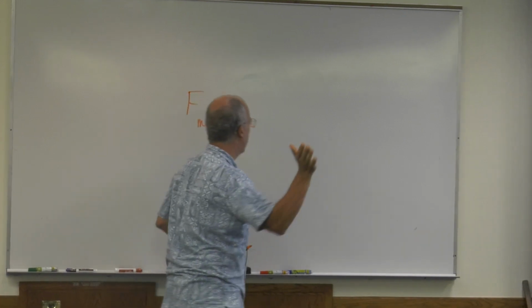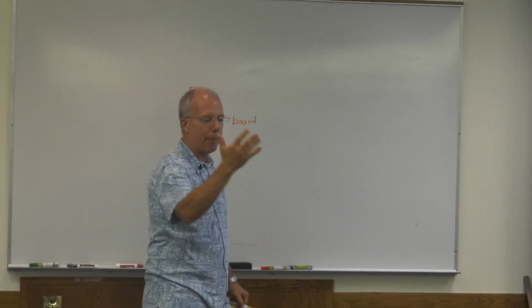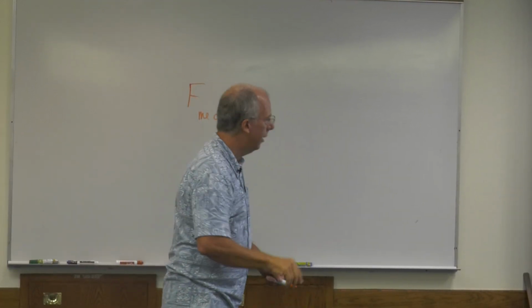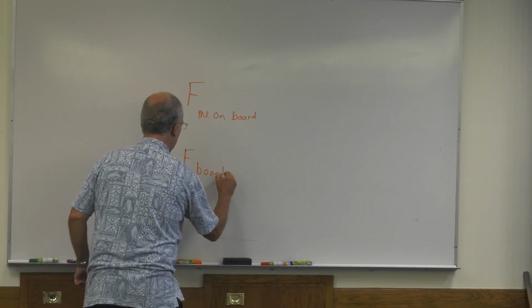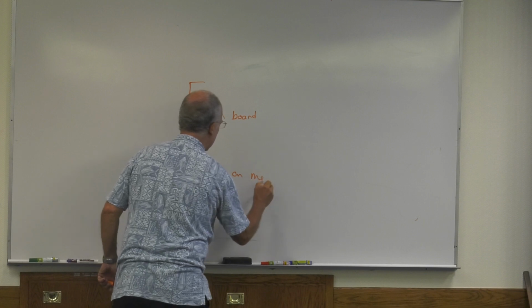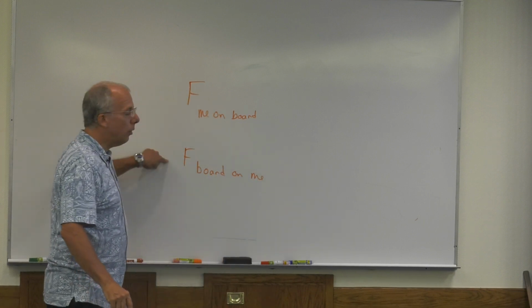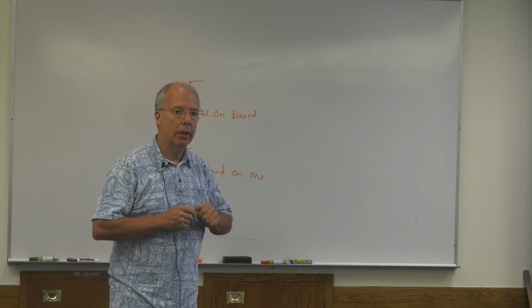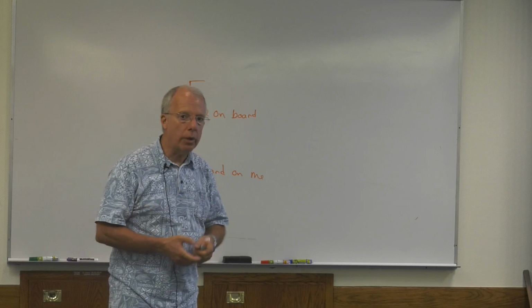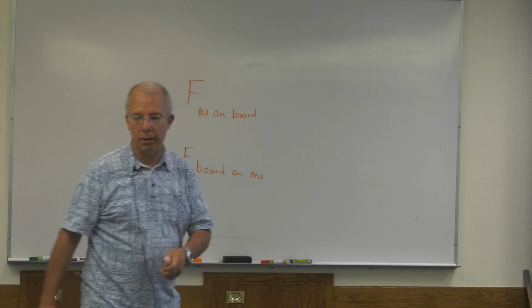I exerted the force on the whiteboard, right? But what else happened to me? Look at my hand, it's red. So there's also a force, whiteboard on me. And the magnitude of these forces are always equal. The directions are opposite.